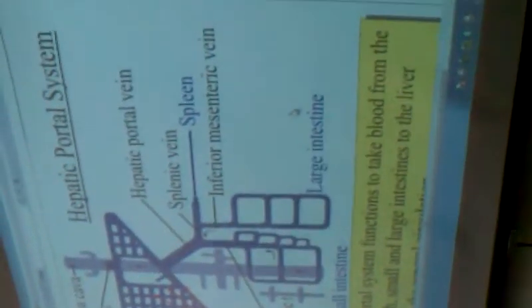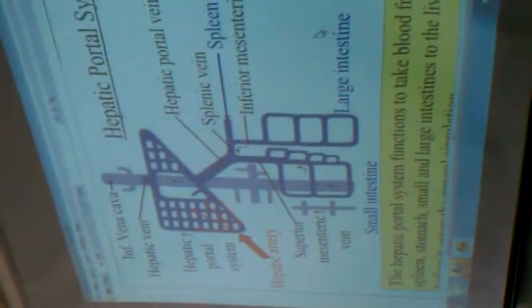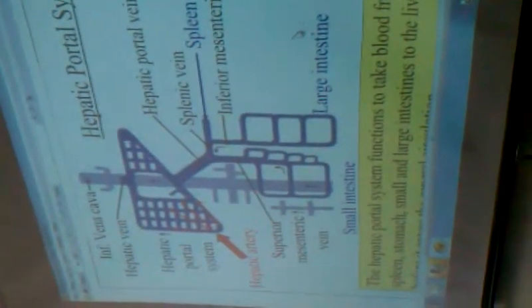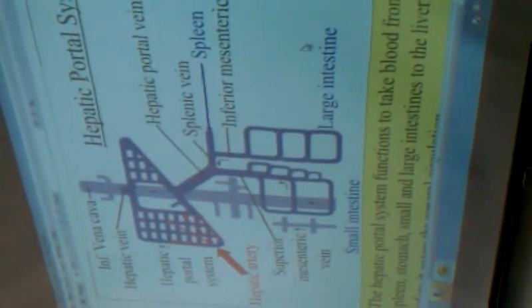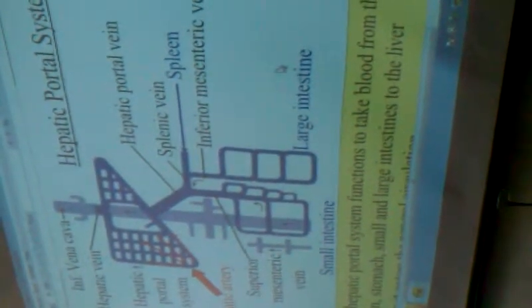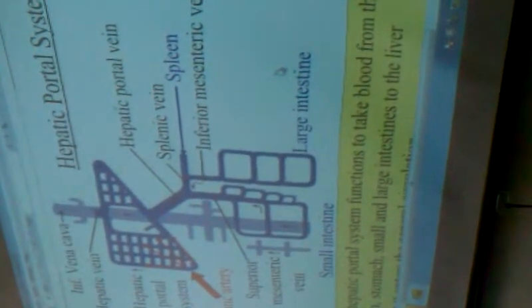It's going to go from our superior mesenteric vein, our inferior mesenteric vein, and our splenic vein. Okay. And that's going to be from our small intestine, large intestine, and spleen.